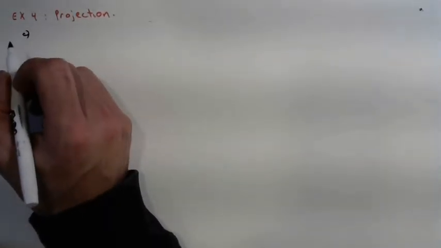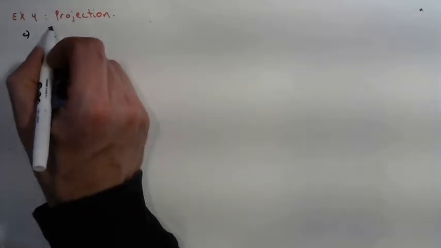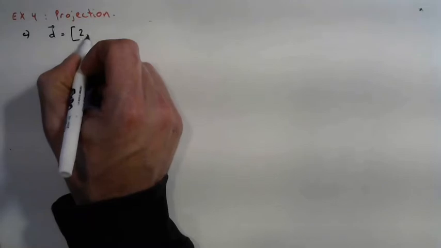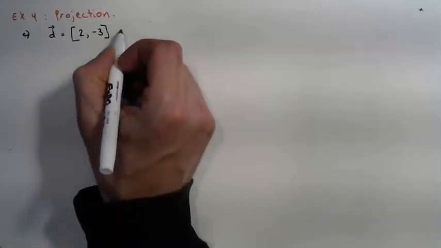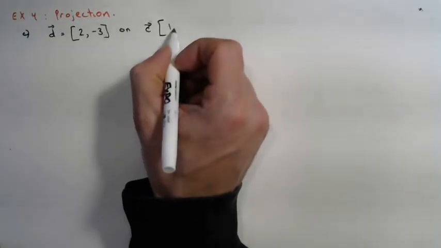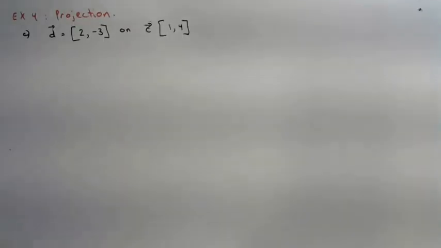C. C says determine the projection of D, which is given as 2, -3, on C, defined by 1, 4.